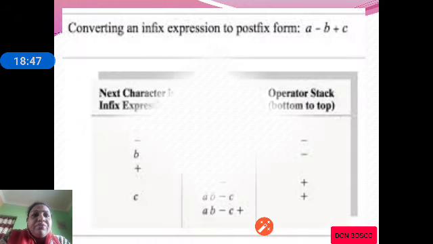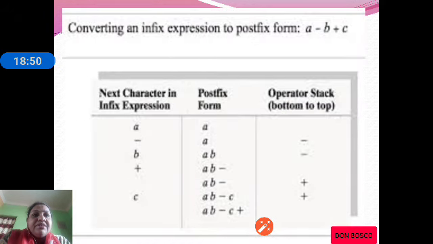So let us see one more example here, that is A minus B plus C. The first symbol is A, then comes minus. As minus is an operator, we push it onto the stack. Then comes B. B is the operand, place it onto the postfix or the output.